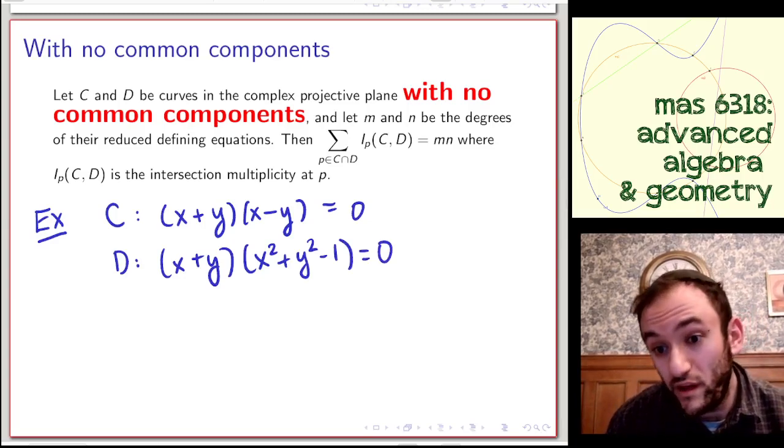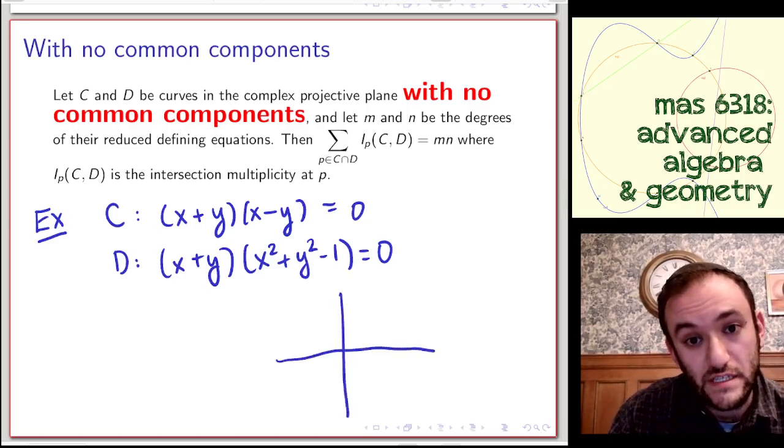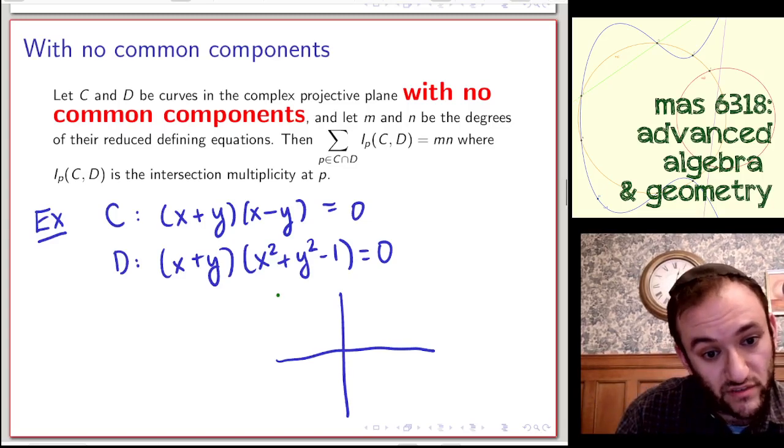Okay, well, the curves that we're describing would be, for C, a pair of lines.